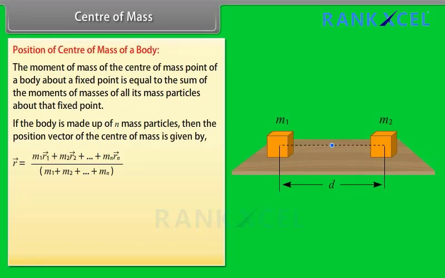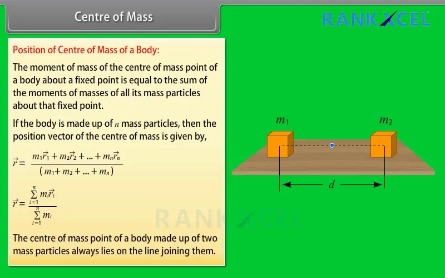On summarizing the above relation, we get r vector is equal to summation from i equal to 1 to n of mi ri vector by summation from i equal to 1 to n of mi. The center of mass point of a body made up of two mass particles always lies on the line joining them.